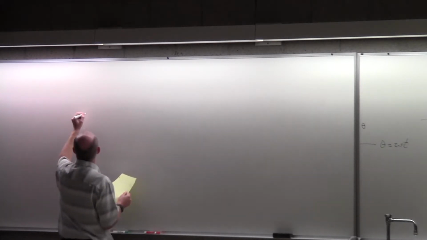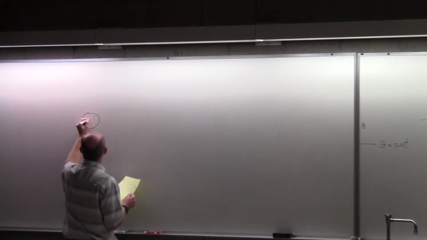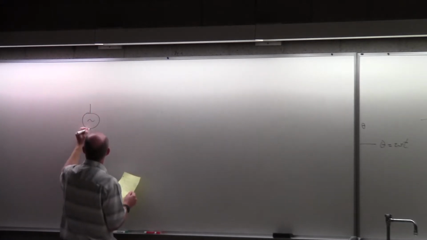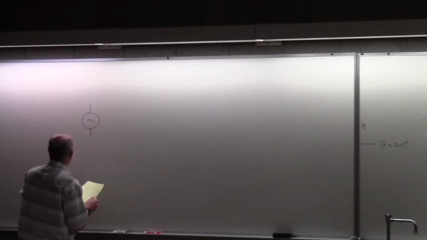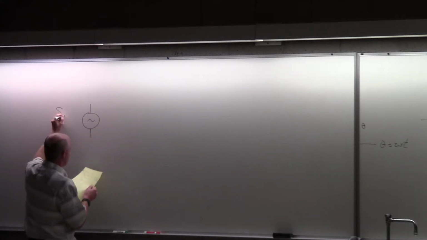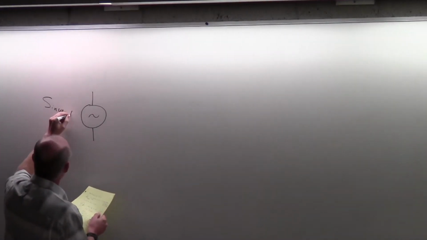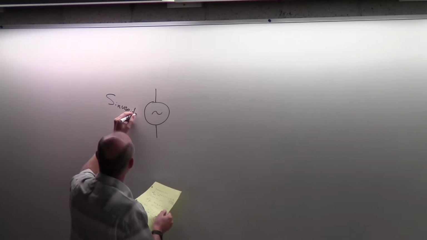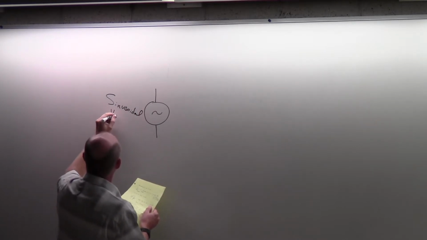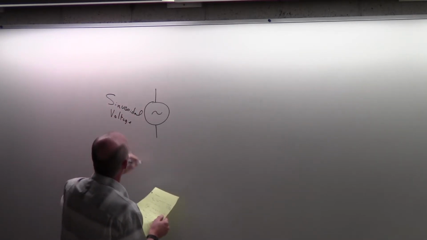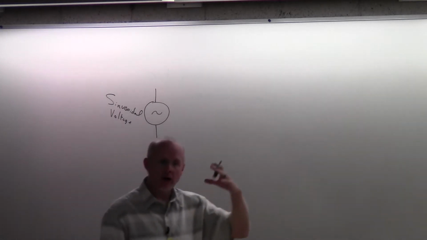So let me introduce you to what might be a new symbol for you. This then is going to be the symbol I am going to use when I want to talk about an AC signal, a sinusoidal voltage, a voltage that goes up, down, up, down, up, down.